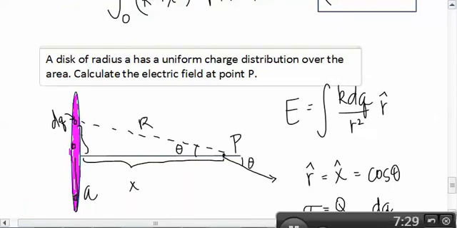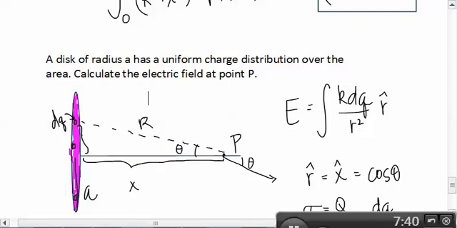Or b, or c, I don't really care. Not an R. Capital R is going to be the distance from dq to point P. So then the variable distance from the center of our disk to our little dq can be r. And then that way our capital R would be the square root of r squared plus x squared.